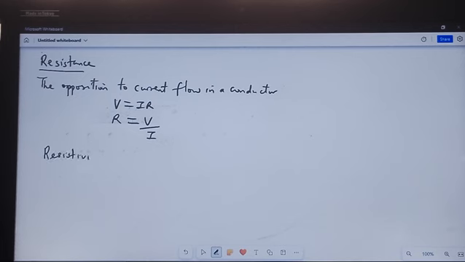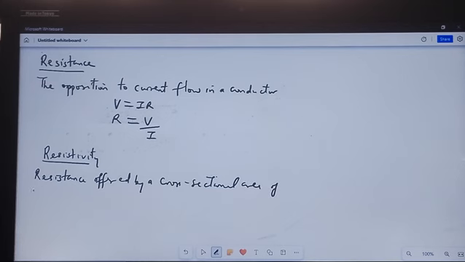Then the resistivity of a material. The resistivity of a material is defined as the resistance offered by a cross-sectional area of the material per unit length.